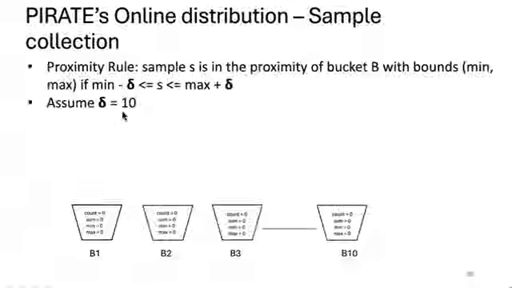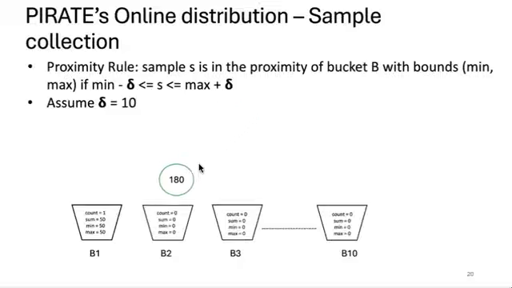Assuming delta equal to 10 for this example, when the first sample comes, since there are no samples collected till now, we put it into the first bucket and update its bounds. Min is updated to 50, max is updated to 50, sum is updated to 50, and count is updated to 1. Now, the range of values that can be added into this bucket would be 50 minus delta, that is 40, to 60, which is 50 plus delta: min minus delta to max plus delta.